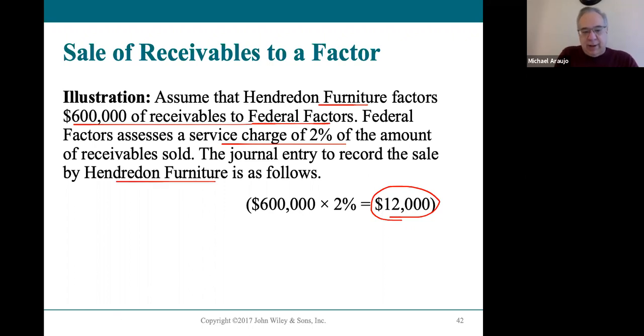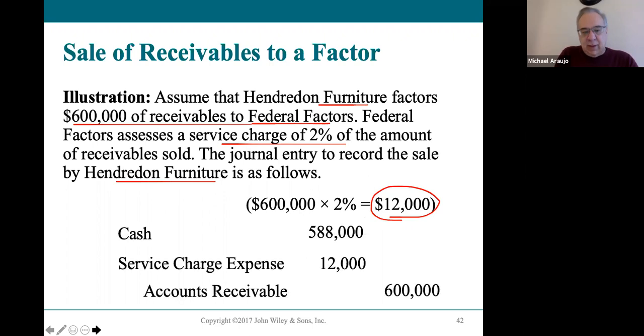Well, they're going to collect $588,000 of cash for selling 600,000 of receivables. That $12,000 is simply going to be expensed as a service charge. Okay, so they get the cash that they need, but it costs them money. Anytime you need cash, if you don't have it, it's going to cost you money. So if this is their best choice, they'll do it. They'll factor off their receivables. They'll sell their receivables. That does happen.